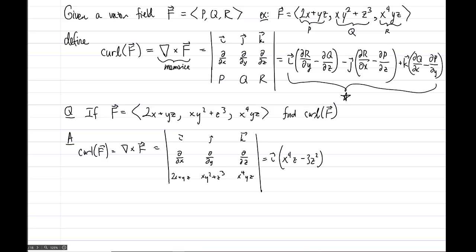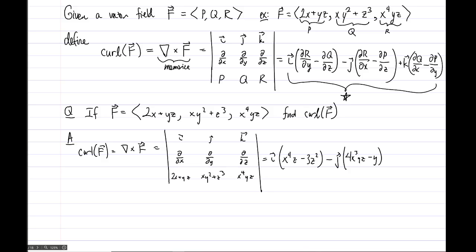Then we'll have minus j times, and we've got here this. Partial derivative of x to the fourth yz with respect to x will be 4x cubed yz, minus partial derivative with respect to z of 2x plus yz. So we'll be left with y when we do that.